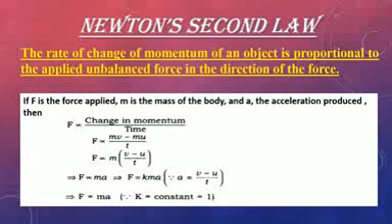Now, F proportional to m times (v minus u) by t is F proportional to m times a, where a equals (v minus u) by t is the acceleration. So if the constant k is equal to 1, then we can write F equals ma.